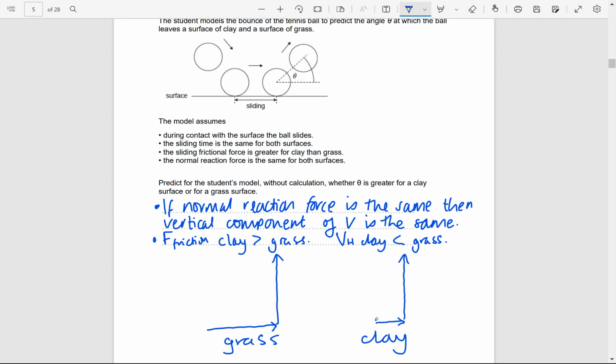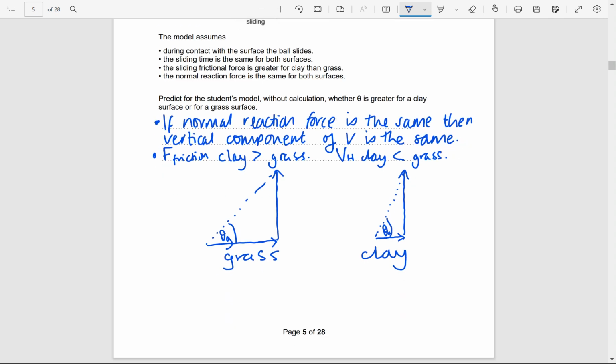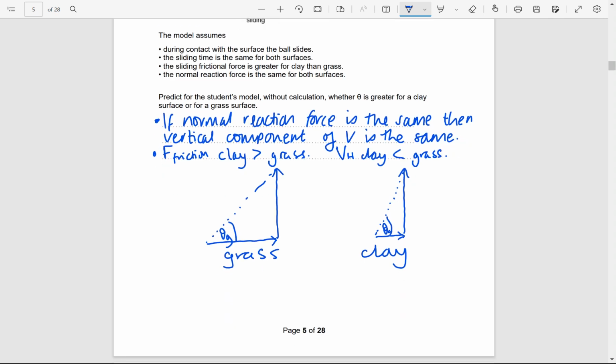And so we can see that the resultant here, so this angle here for clay compared to this angle here for grass, it's going to be larger. All right, and that's why.